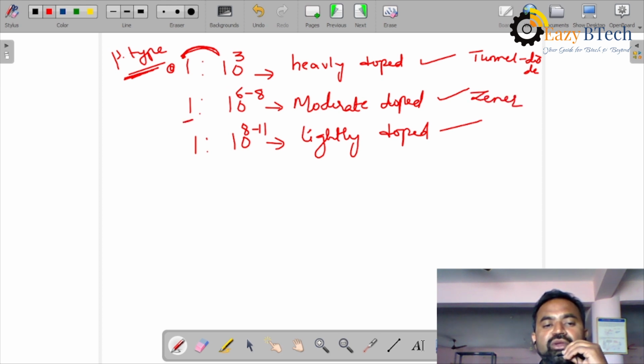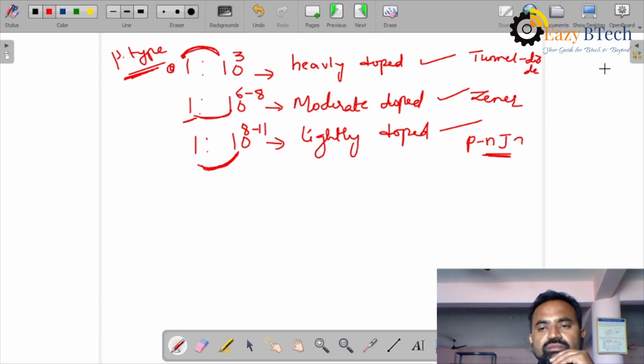For one impurity atom in 10 power 8 to 11, we call it an ordinary diode, that is the PN junction diode. These are the types of doping levels of the semiconductor.